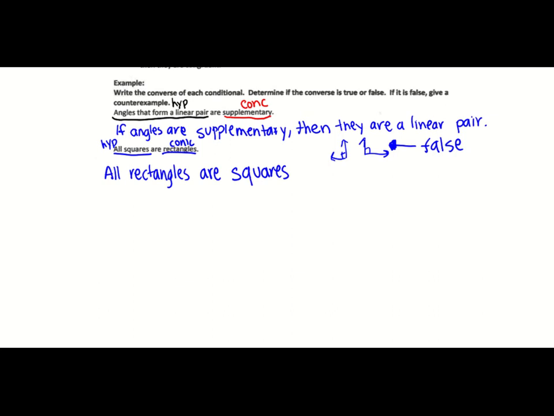So now I have to see if I can draw an example that proves that that is not true. So if I can draw a rectangle that is not a square, like this, if this side was 10 and this side was 5, this rectangle is not a square. So again, that means this statement is false.